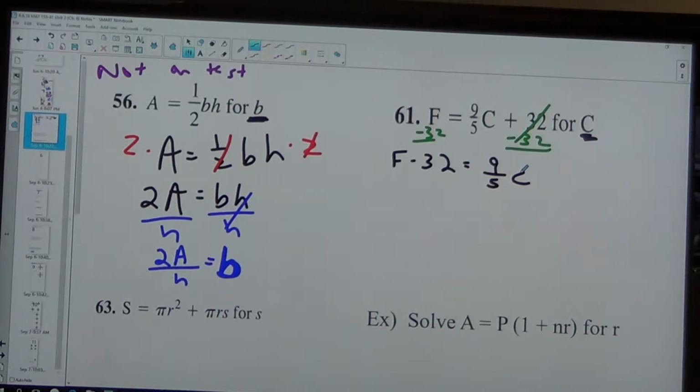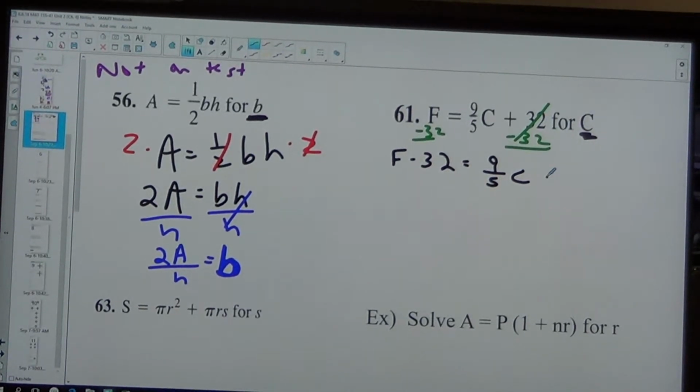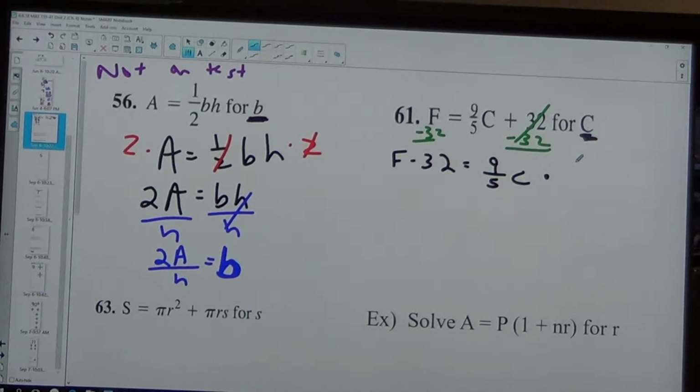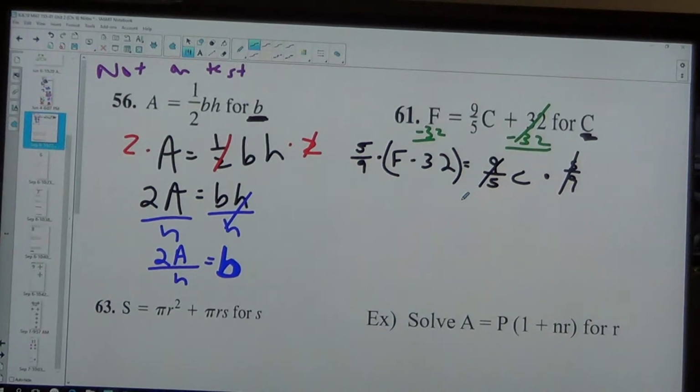Now, how do we get rid of that fraction? You multiply by 5 over 9. Now, I'm going to put parentheses around it because the parentheses means I'm multiplying everything by 5/9.